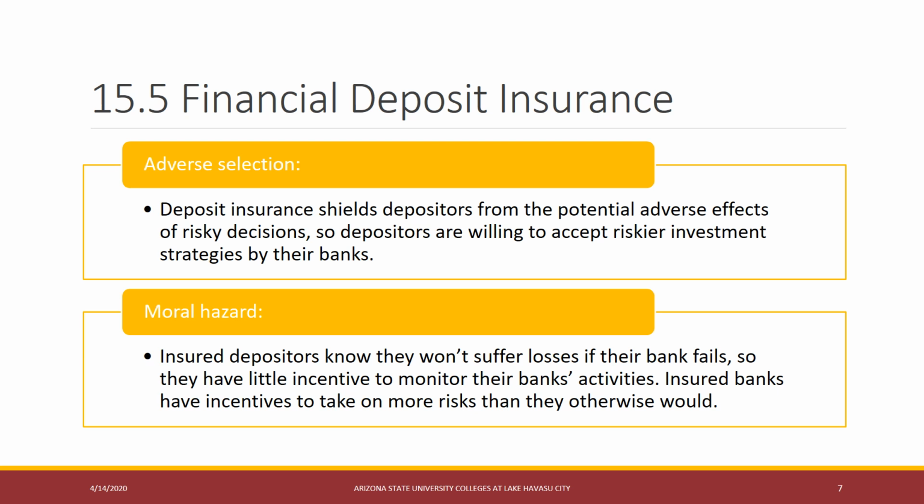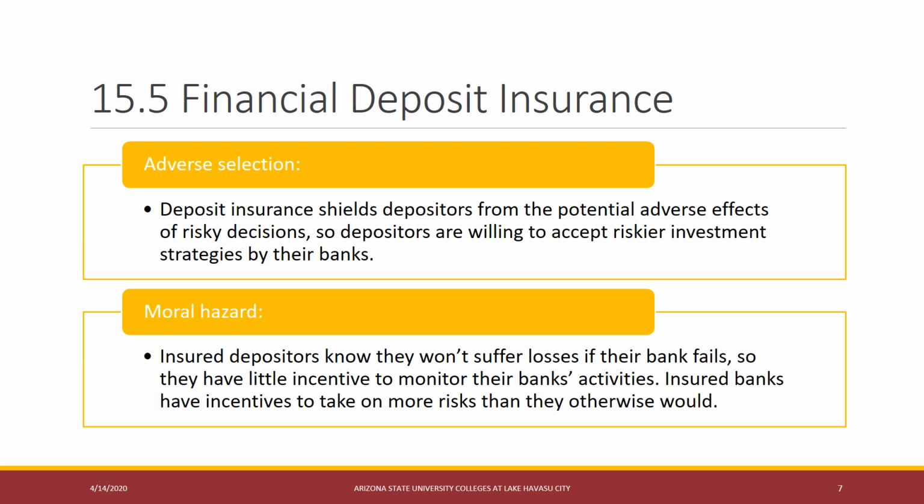The second one is moral hazard. Moral hazard is also an important phenomenon in the presence of insurance contracts such as deposit insurance, which is provided by the FDIC. Insured depositors know that they will not suffer if the bank fails.